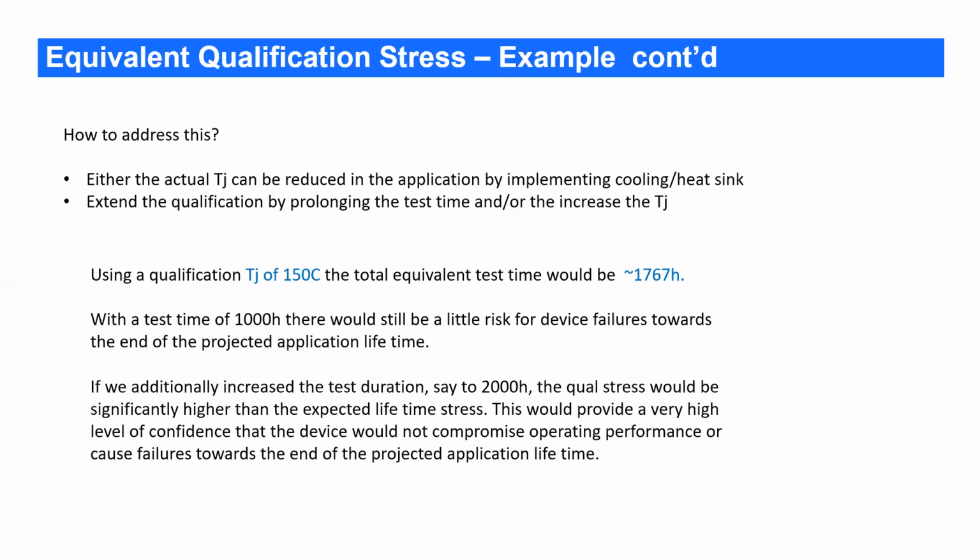If you have not seen failures in this 1,700 hours, then your level of confidence has certainly increased that the device will be able to take all the stress, but still, the equivalent stress is higher than the actual qualification stress.